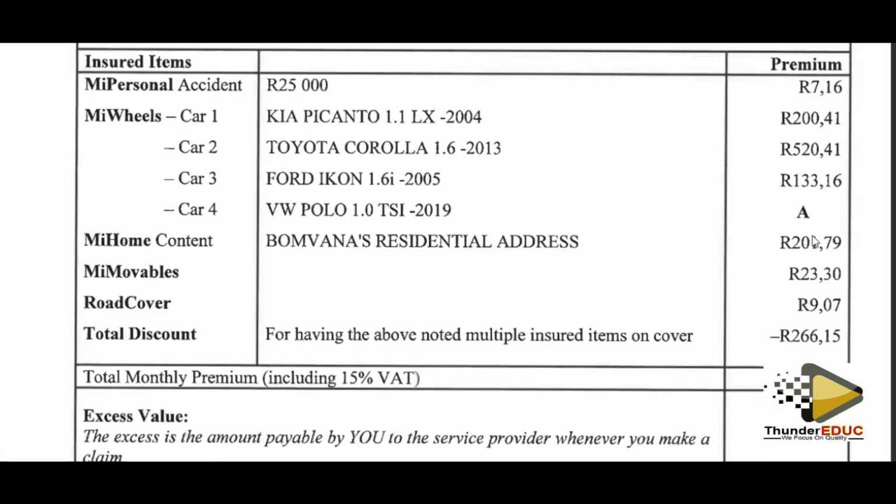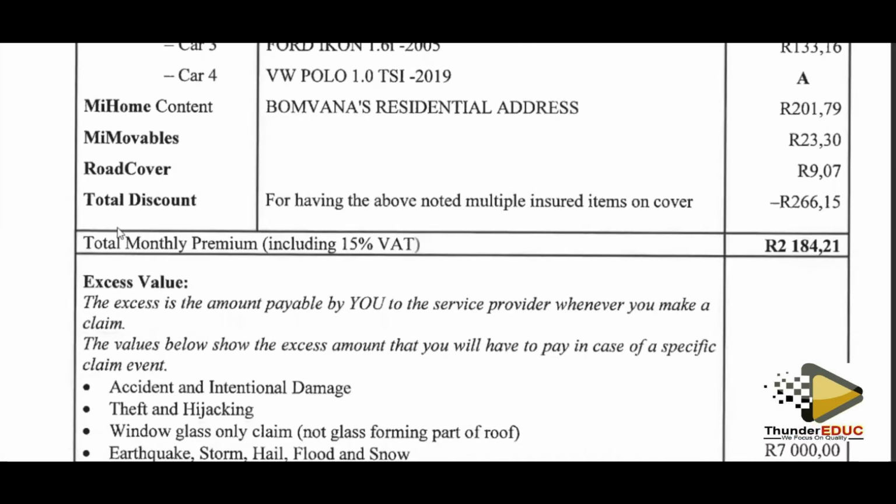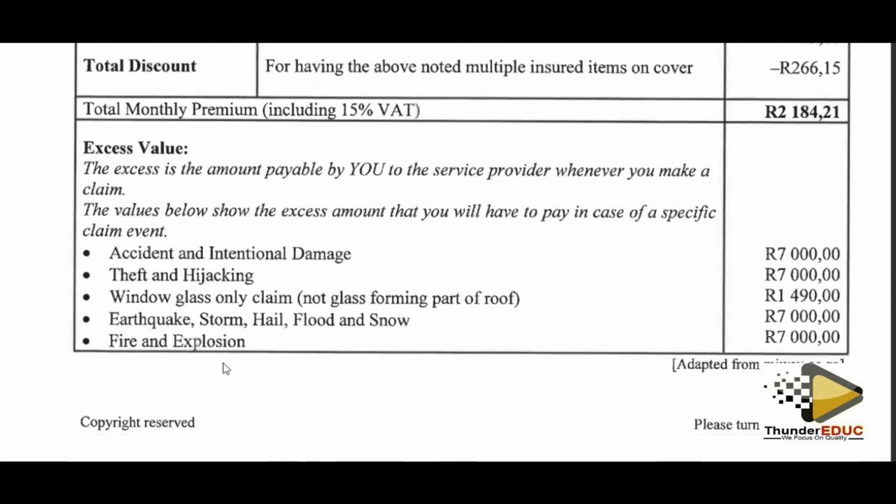Okay, these are the values that we have. There, you read very well, and it says the total discount. Yes, you got a discount of 266 rands 15 cents. The total premium includes VAT, which is okay. Then we have some extra information here that says excess value. The excess is the amount payable by you to the service provider whenever you make a claim.